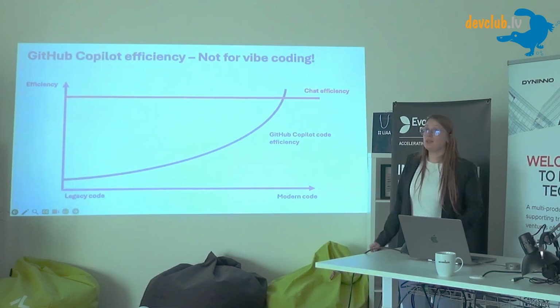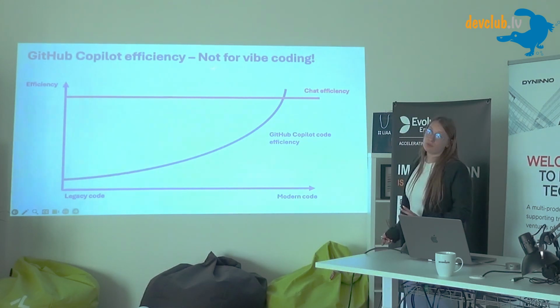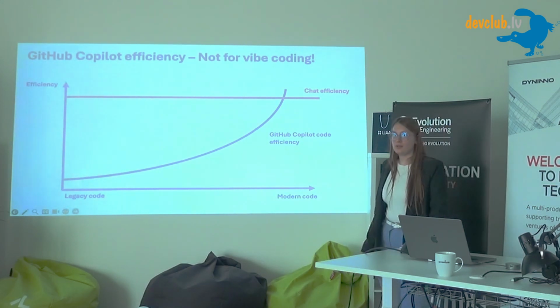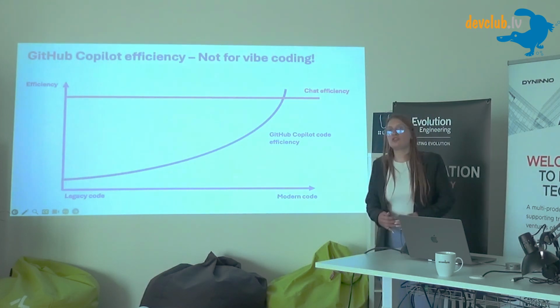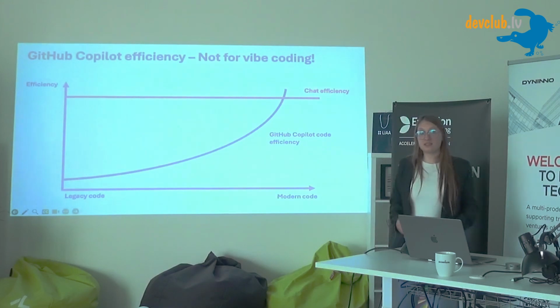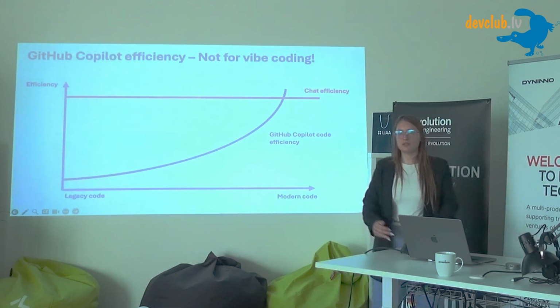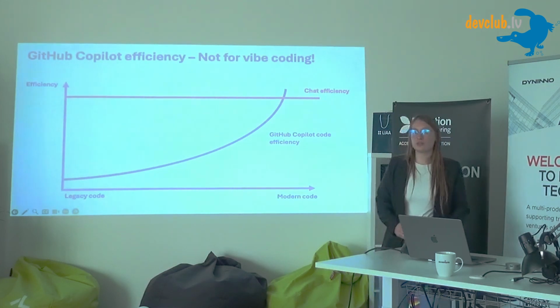And yeah, GitHub Copilot is not the solution for vibe coding. If you are not familiar with some language, with some framework, please do not use GitHub Copilot to write your code for you. As a developer, you are always responsible for the end result, whether it is written by you or AI generated.